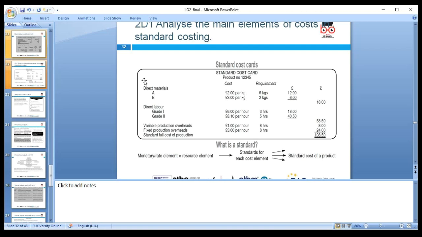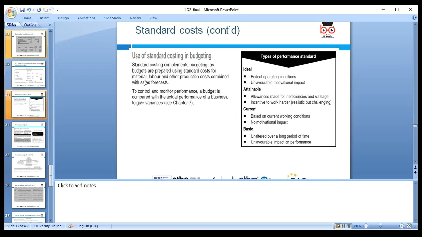So standard can be ideal standard, an ideal situation; current standard based on the current situation; or we can look at the past standard based on historical figures. But history can change, because maybe COVID changed the way we do business.